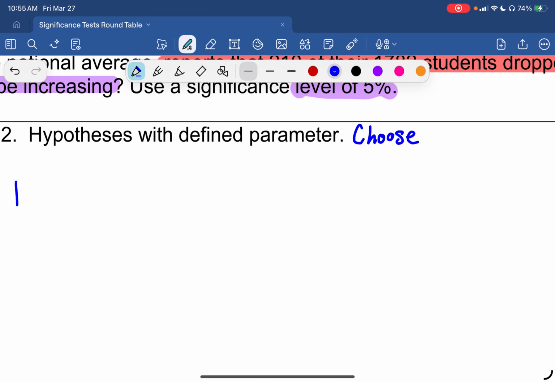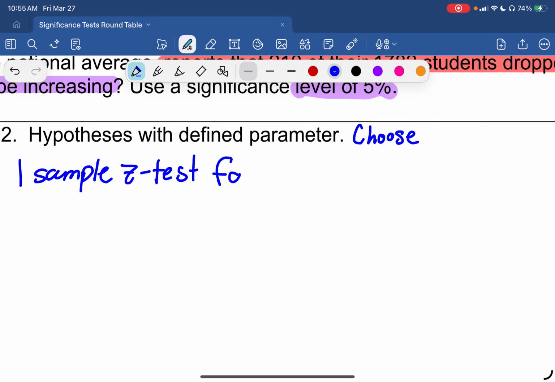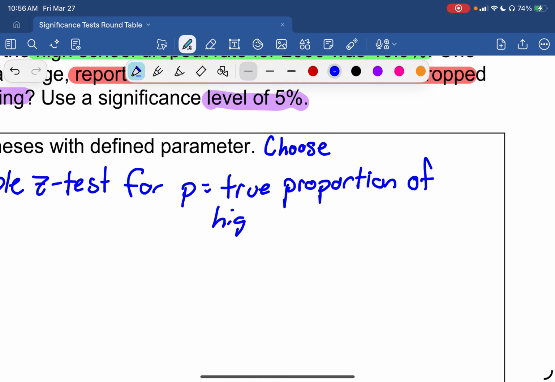So let's start, and this is hypotheses. This is your choose step, so we need to do the whole thing. Our procedure, we're looking at a one sample Z test for P, and P is representing the true proportion of high school dropouts.